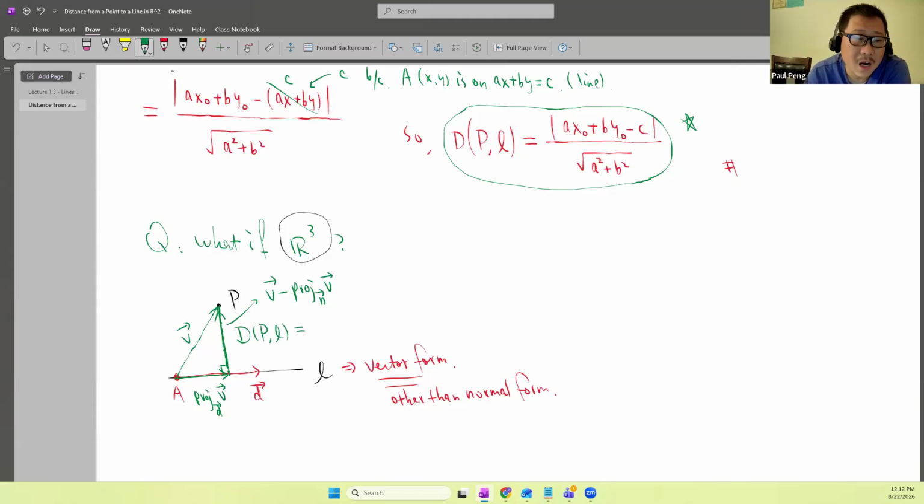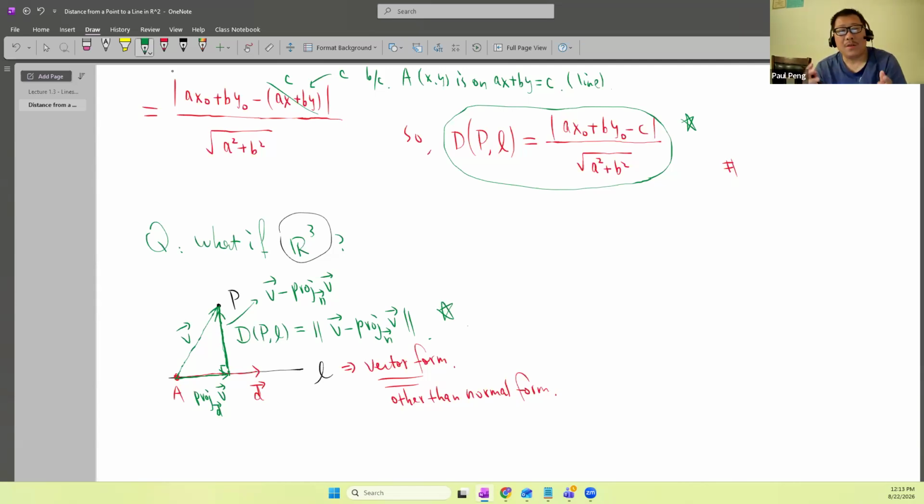The hypotenuse is V, and the bottom leg is a projection. So therefore, the orthogonal component will be V minus the projection, and then the distance will be the length of V minus the projection of V onto D.